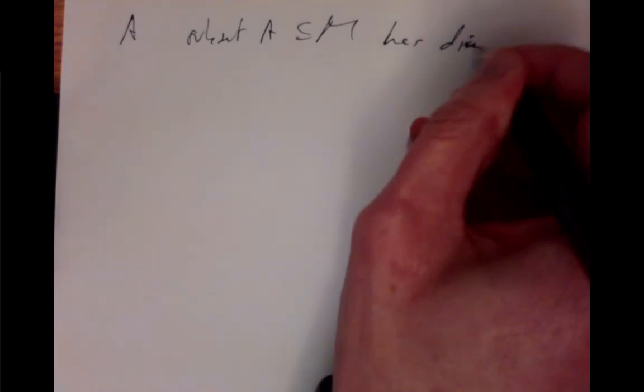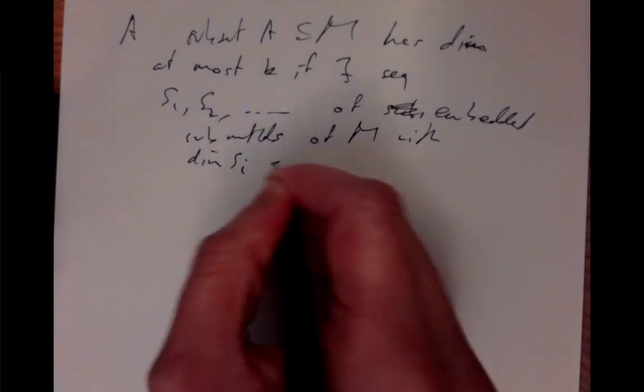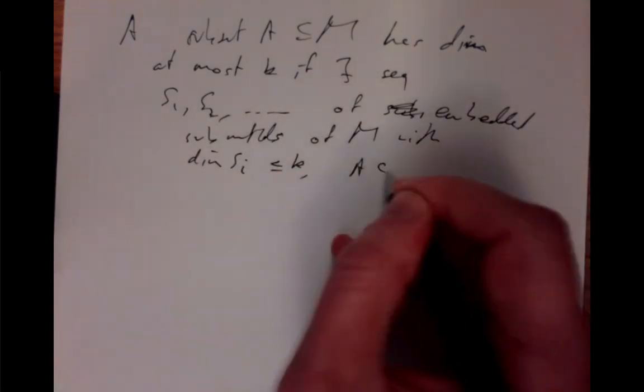A subset A contained in a manifold M has dimension at most k if there exists a sequence S1, S2, and so on, of, let's say, embedded, just to be careful, embedded submanifolds of M, all of them having dimension less than or equal to k, and with A contained in the union of them.